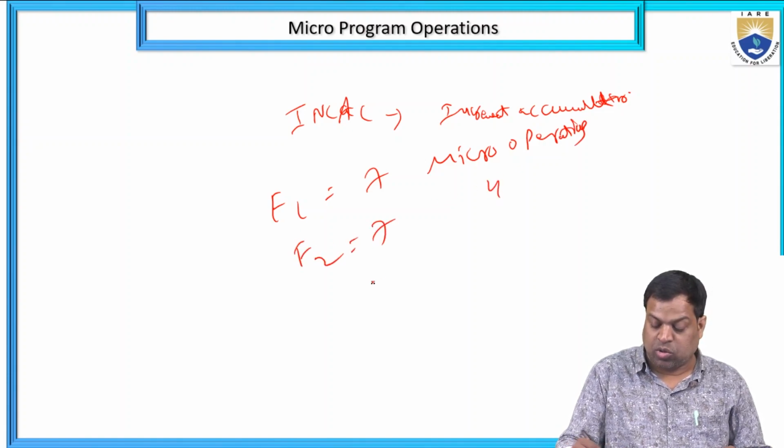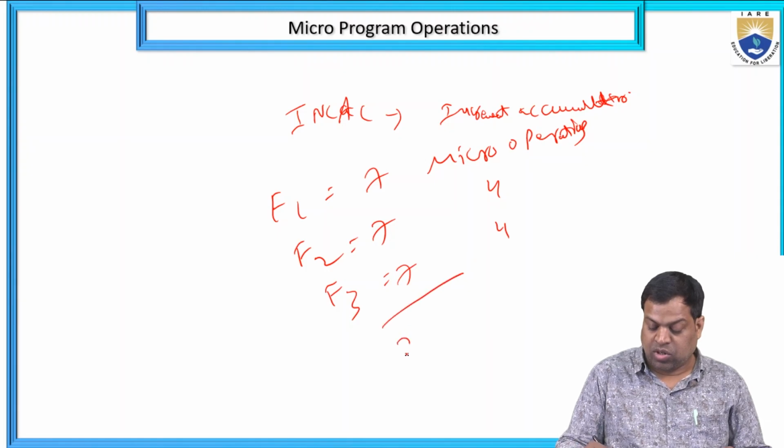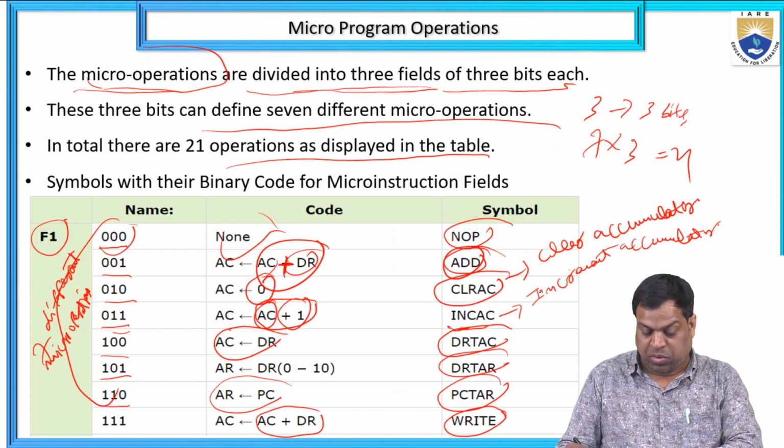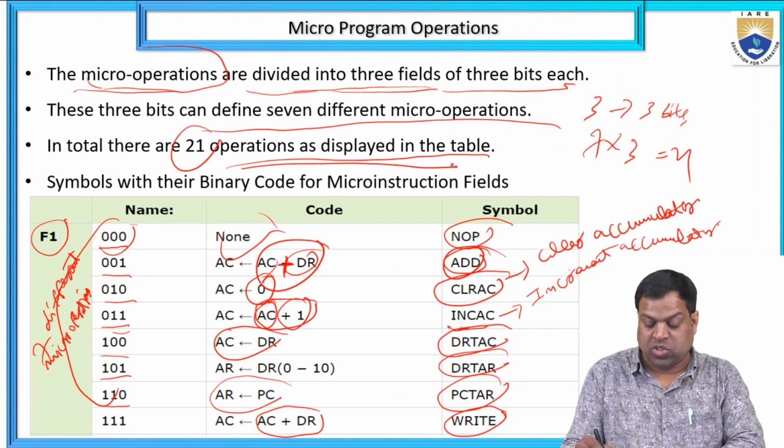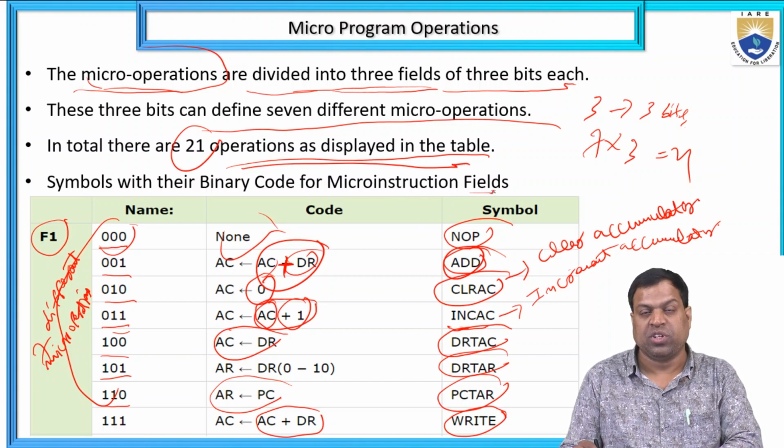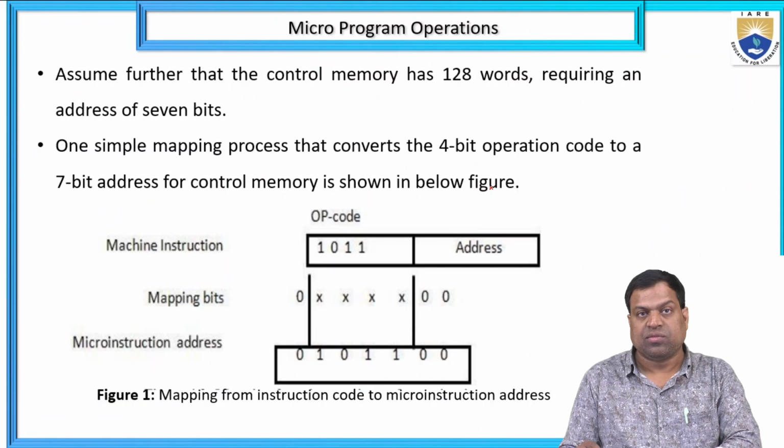F2 7 micro operations and F3 7 micro operations. Total how many? 21 micro operations are performed. Here 21 micro operations are displayed in a table. Symbols with a binary code of micro instruction fields are also defined.